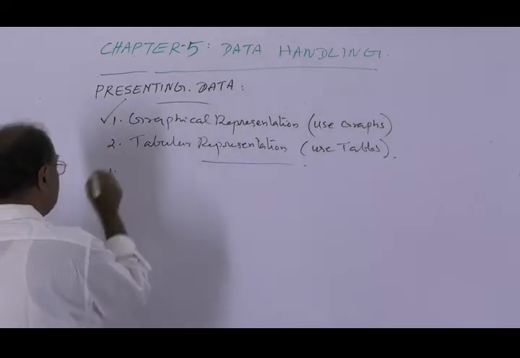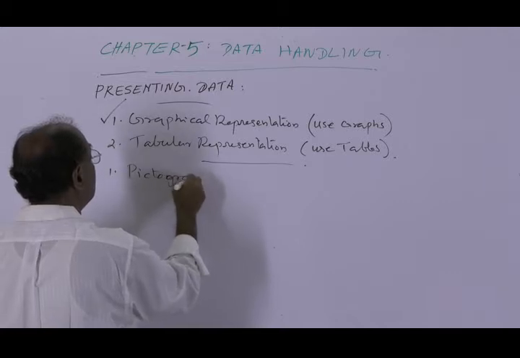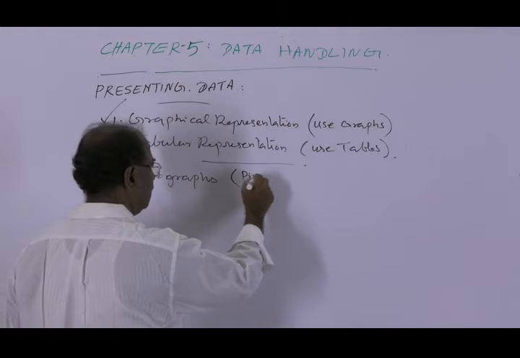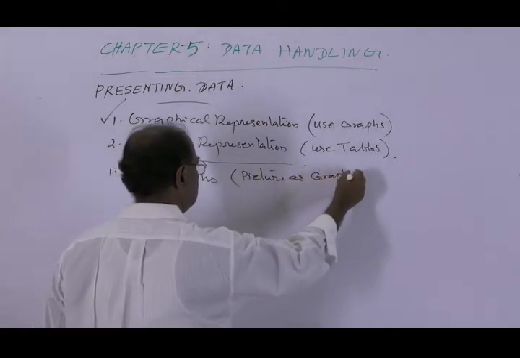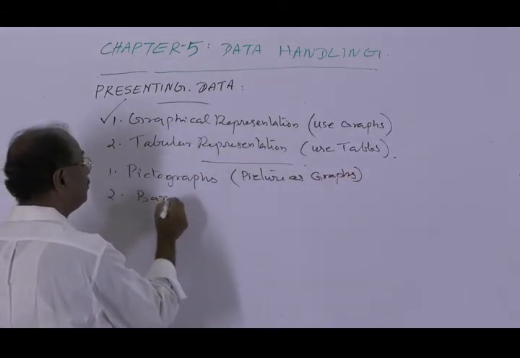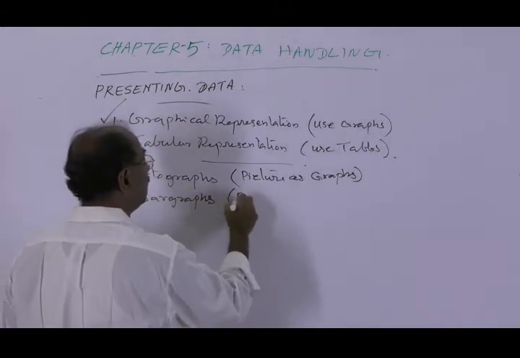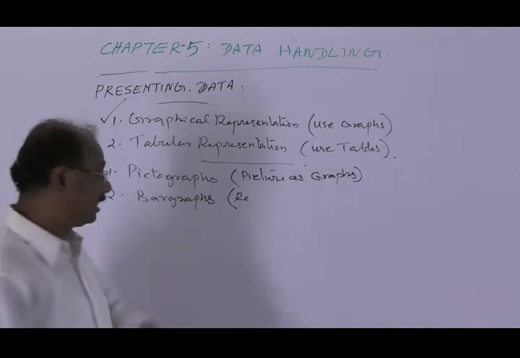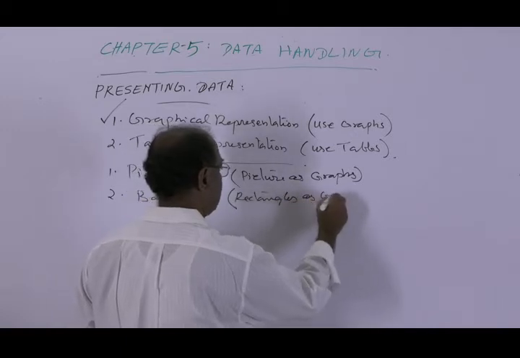One, pictographs, that is, pictures as graphs. Two, bar graphs, that is, bar means rectangles, so rectangles as graphs.